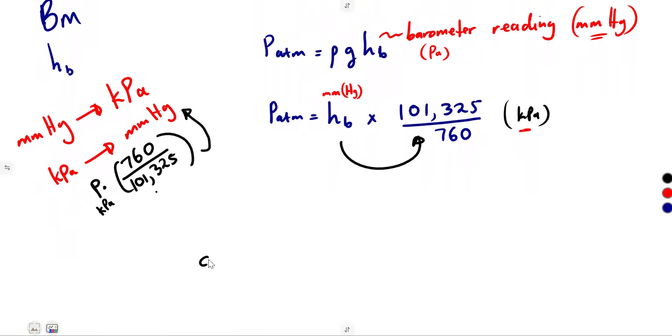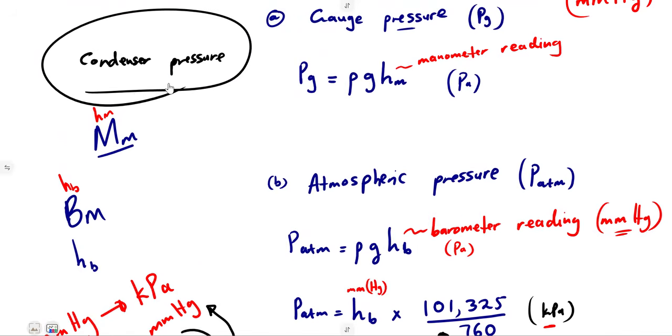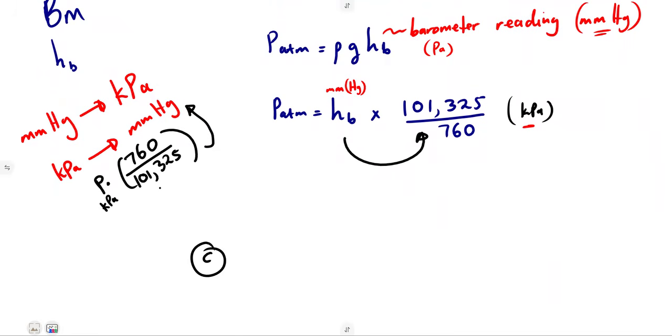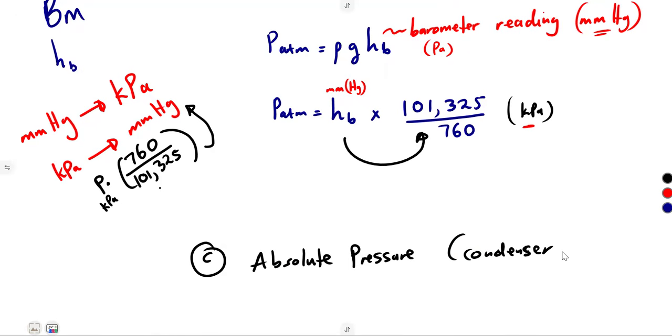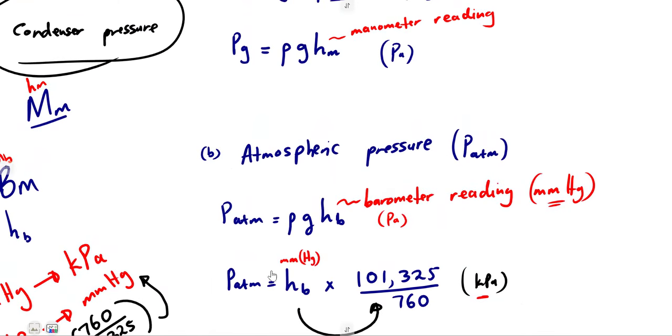This can lead us to the calculation of the most important thing which we want here, the condenser pressure, which is the absolute pressure. Some can write that one as PC, or you can just write P absolute, or you can just write P. That is the absolute what? The absolute pressure, our condenser pressure. All right. So this is taken from the difference between these two, atmospheric and the gauge.